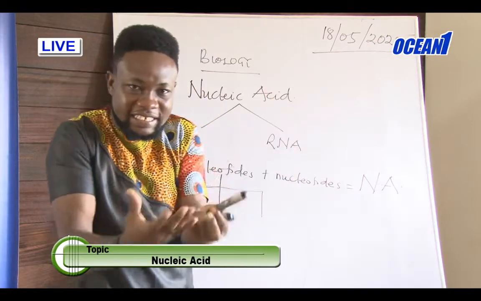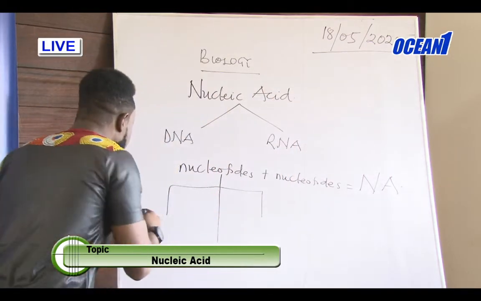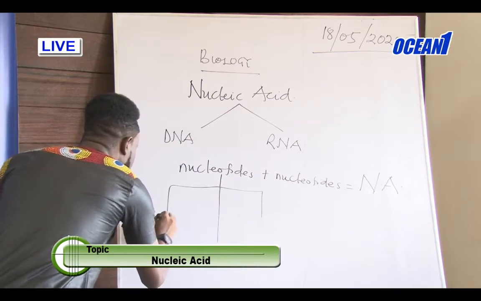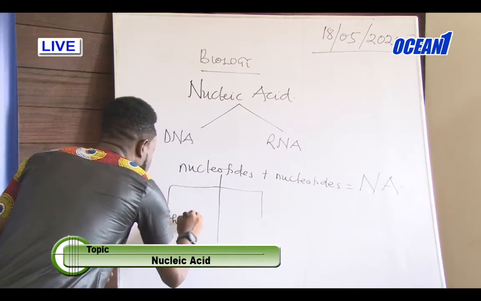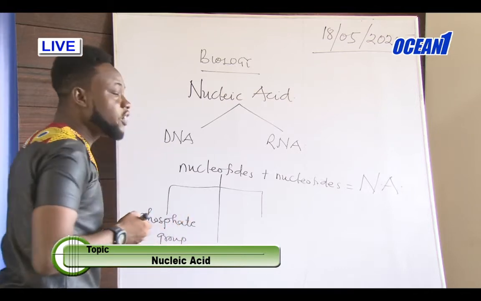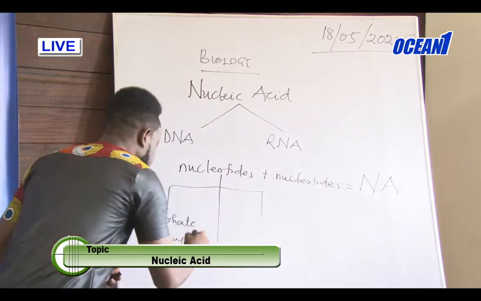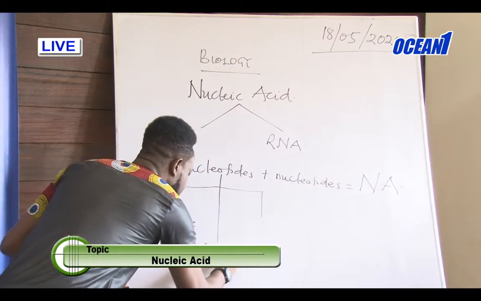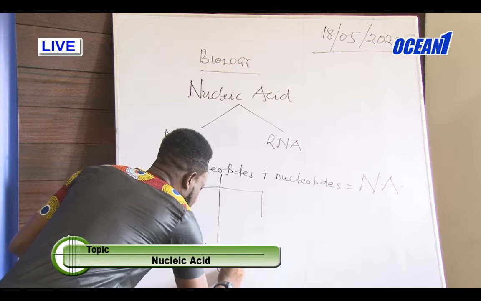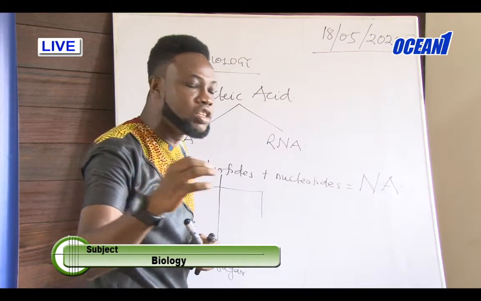First, we have what we call a phosphate group. Then we also have what we call a pentose sugar. Then we also have what we call a nitrogenous base.